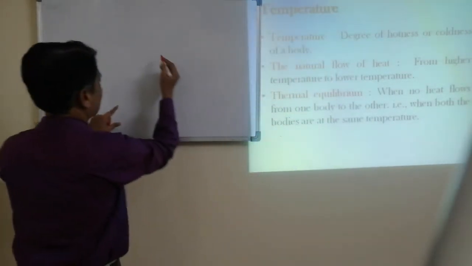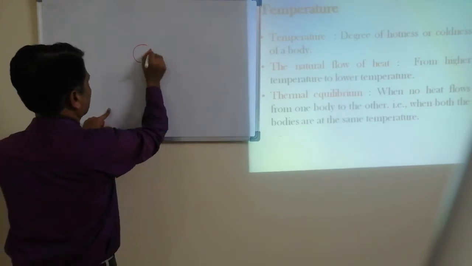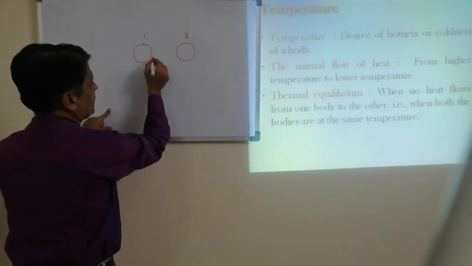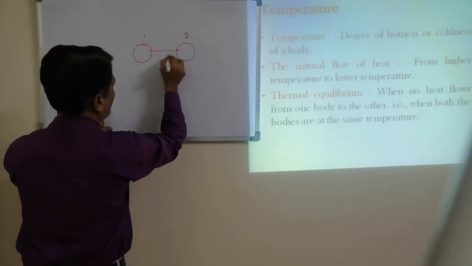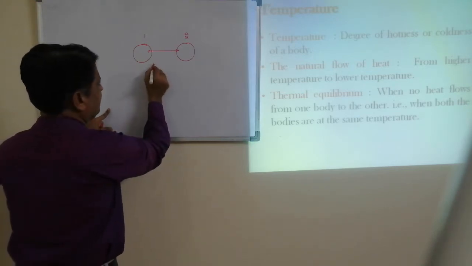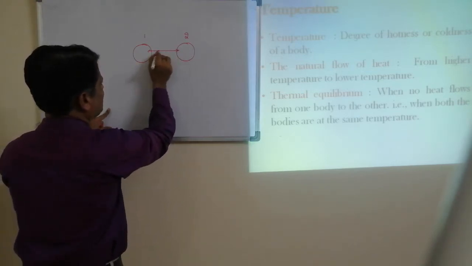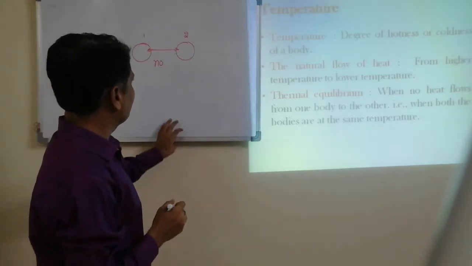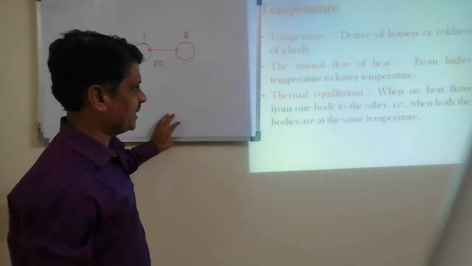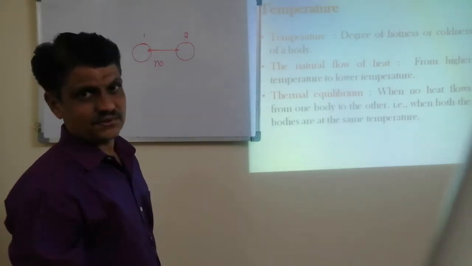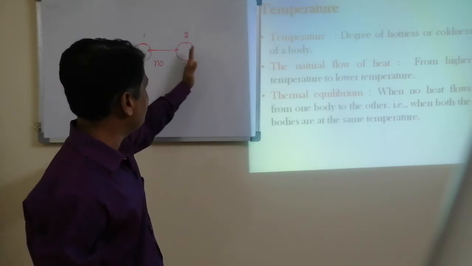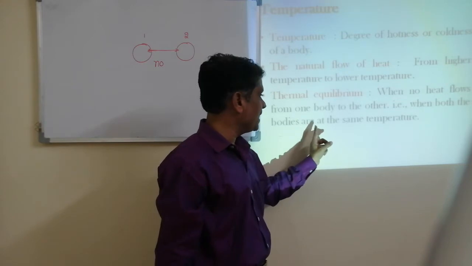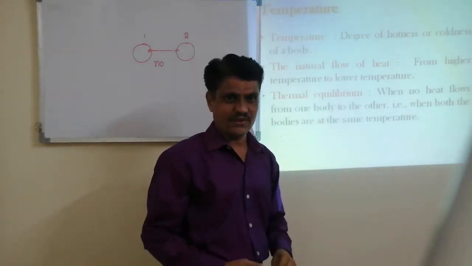Whenever we take two bodies, say a first body and a second body, and keep them in thermal contact, if there is no flow of heat energy from one body to another, then we can say they are in thermal equilibrium. This happens when they are at the same temperature. Okay.